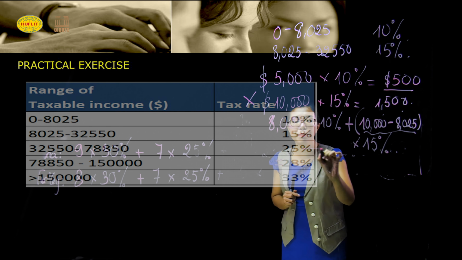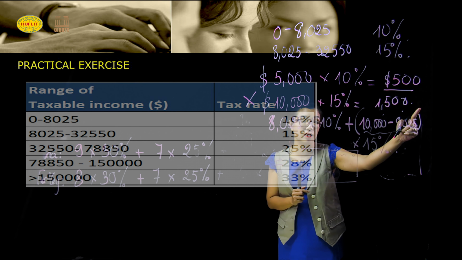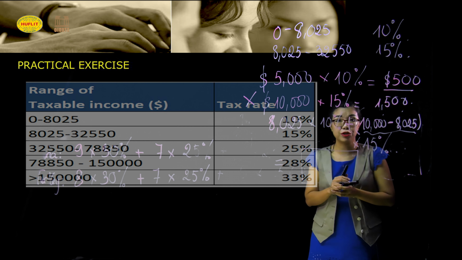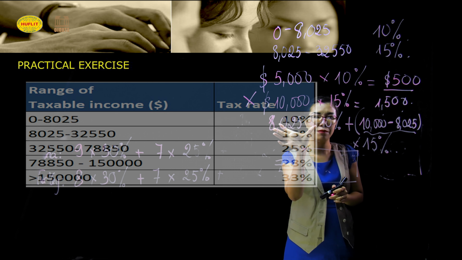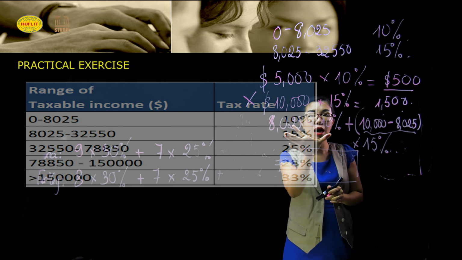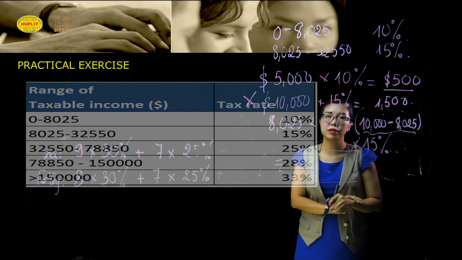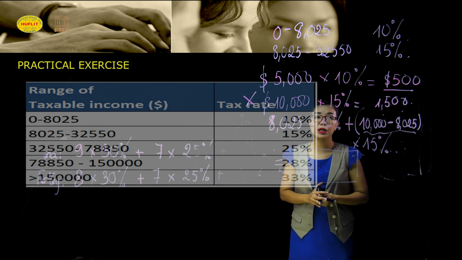Of course, if you calculate the number here, what do you think, is it less or more than $1,500? It's going to be less than $1,500, because you need to fulfill the first duty, paying tax on the maximum income of the first bracket, and then you pay the difference in the second bracket. So that's the way you calculate the personal income tax.